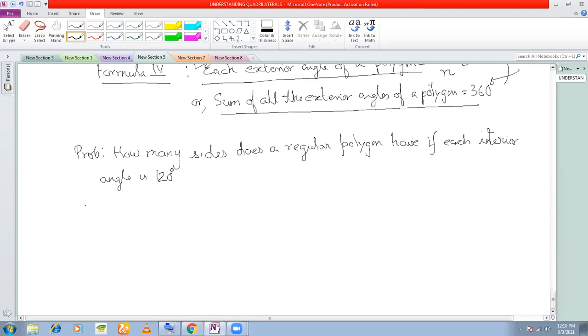I don't know the number of sides of the polygon. I don't know whether it is a triangle, a quadrilateral, a pentagon, or a hexagon, because I don't know the number of sides.